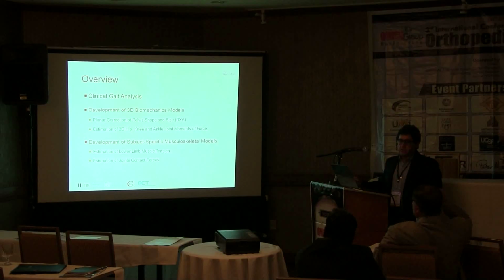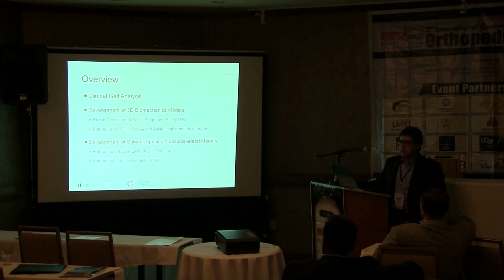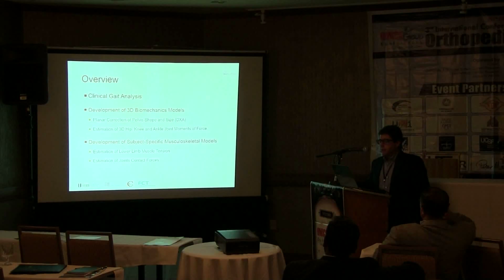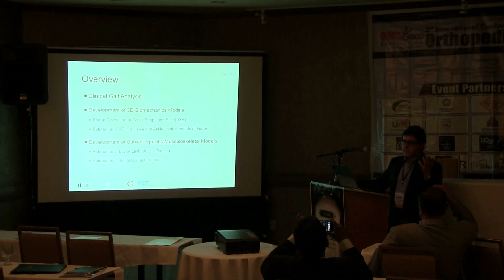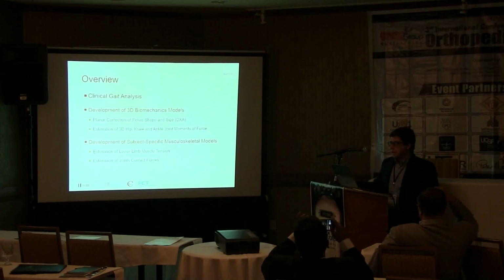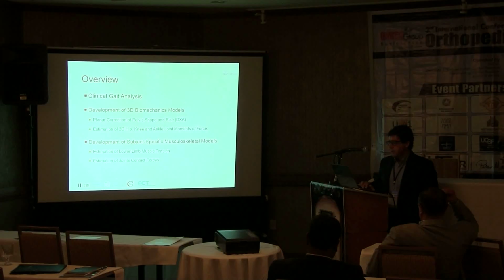Further than just using rigid body models that allow us to calculate joint moments, we also use this data to develop musculoskeletal models, which, besides the rigid bodies of the skeletal part, also have, in our case, 92 muscles for the lower extremities.